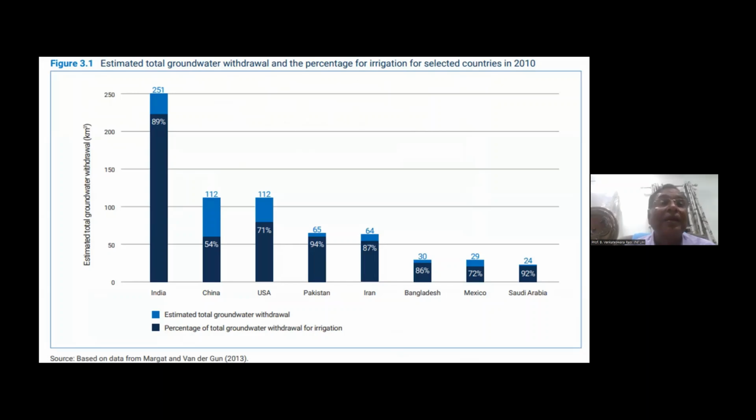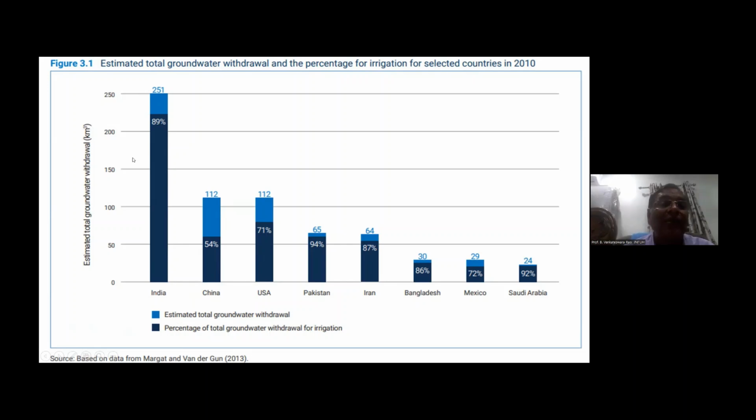Anyway, these are the estimated total groundwater withdrawals and the percentage that is used for irrigation. This blue color gives you the estimated total groundwater withdrawal. That is roughly around 251 in the case of India, and 112 for USA. That means China and USA put together, we are using more groundwater. Out of which, what percentage of total groundwater withdrawn is for irrigation?